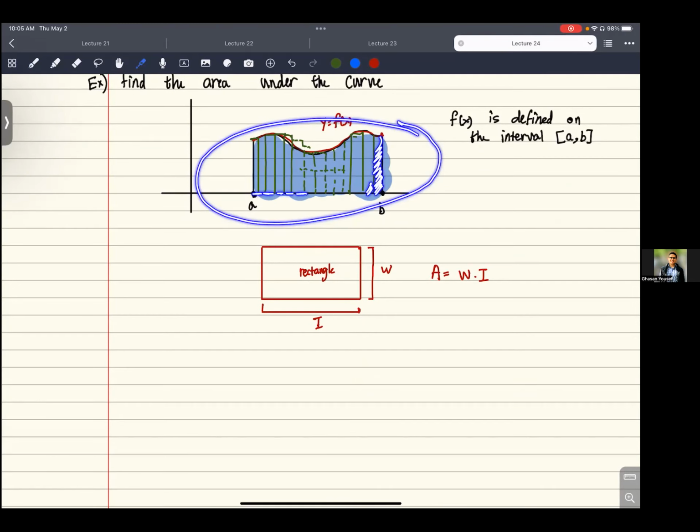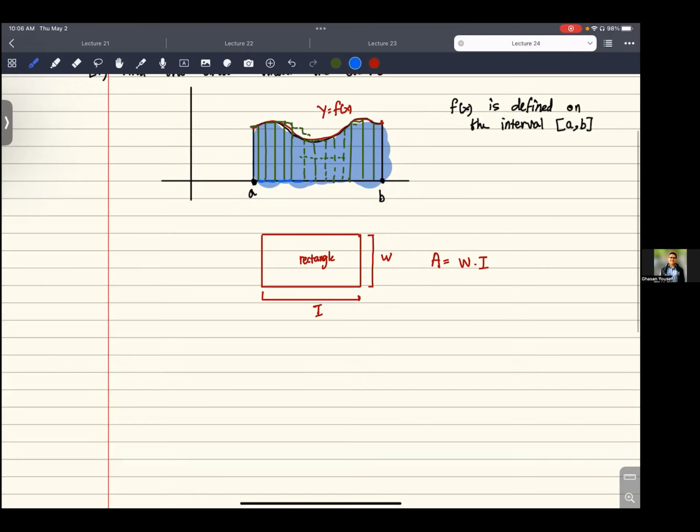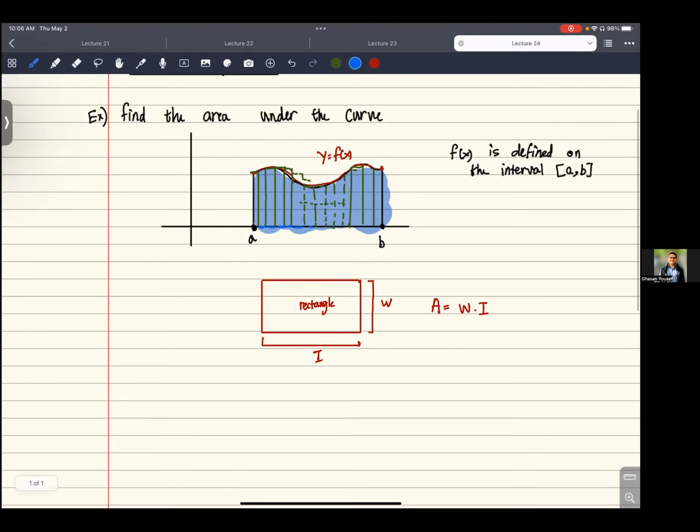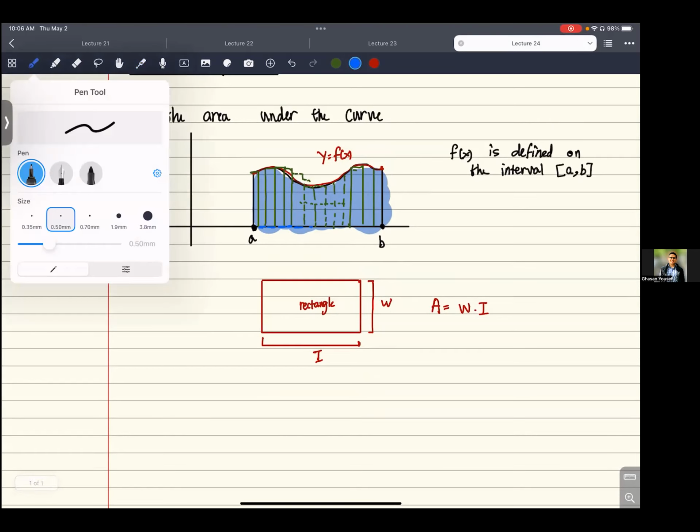So the width here I can call delta X, the same for all of them. So this one is the same as this one, the same as this one, and all of them. So for the first example here, I can call this one.